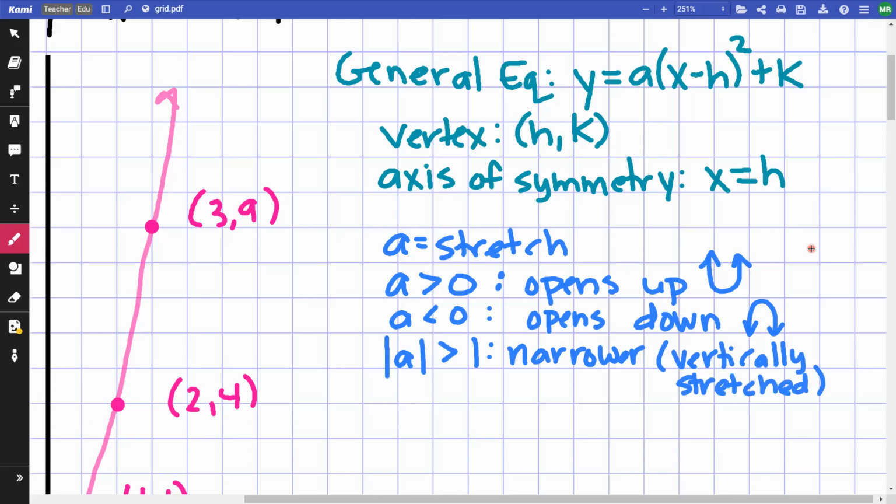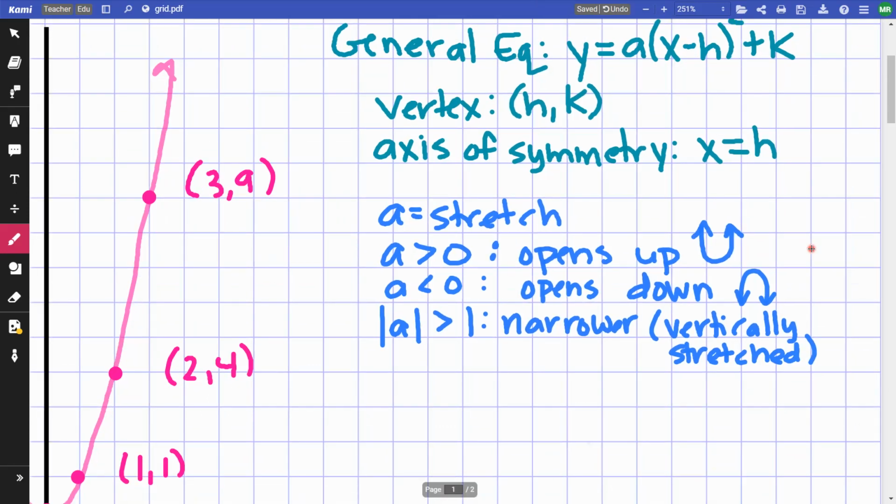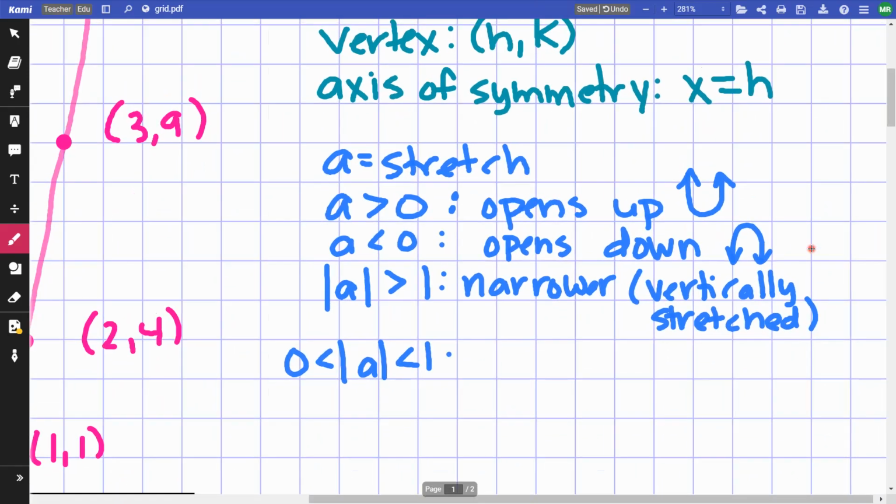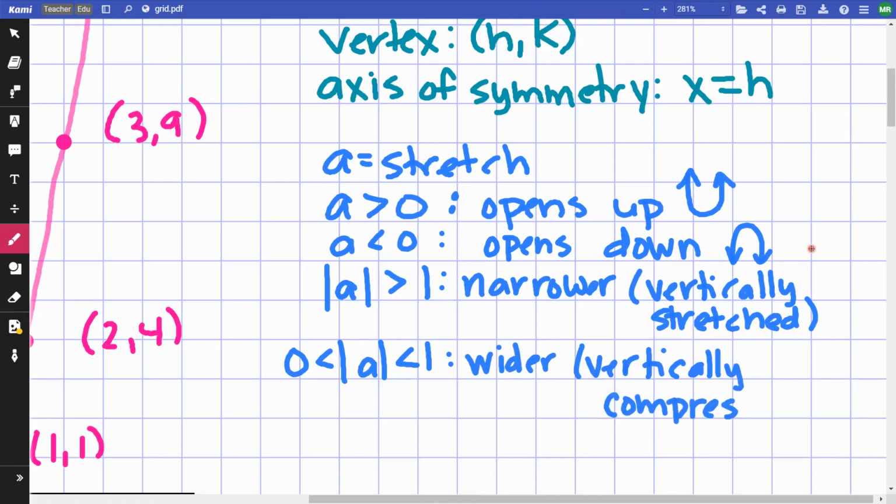If the absolute value of a is between 0 and 1, some fraction or decimal between 0 and 1, that is going to make it wider, or vertically compressed. That's all dealing with our a.